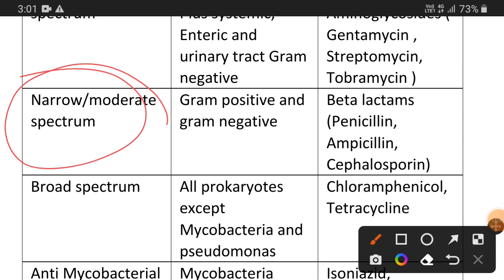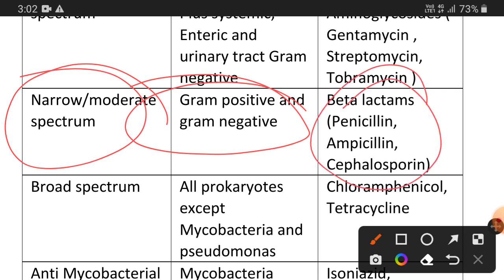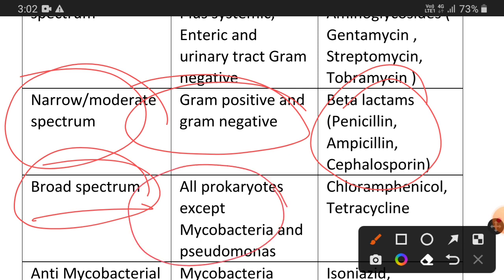It is especially useful for gram positive and gram negative bacteria. Mainly beta lactam antibiotics such as penicillin, ampicillin and cephalosporins are useful. For broad spectrum antibiotics, all prokaryotes except mycobacteria and pseudomonas can be considered. For example, chloramphenicol and tetracycline.